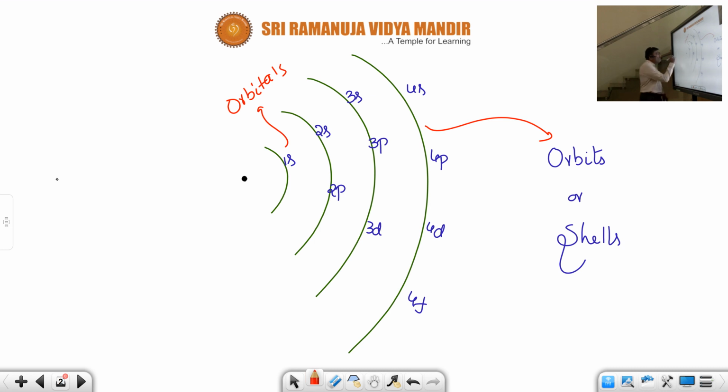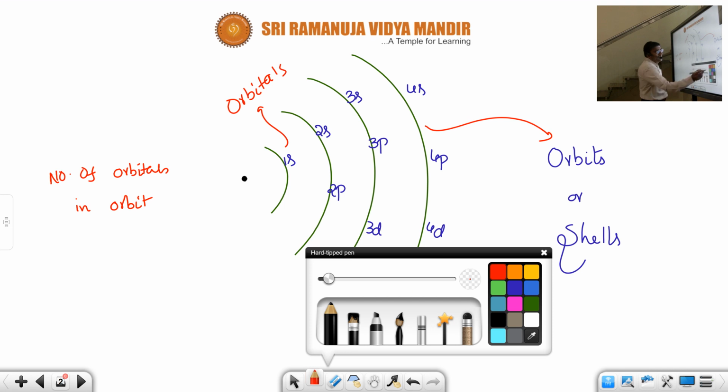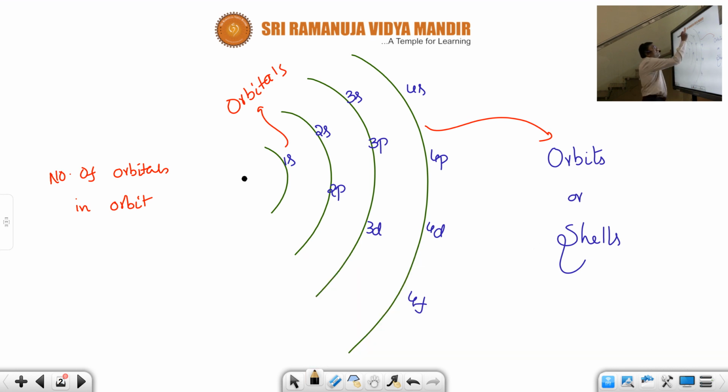So the number of orbitals in an orbit, or you can say these orbitals are also called subshells.